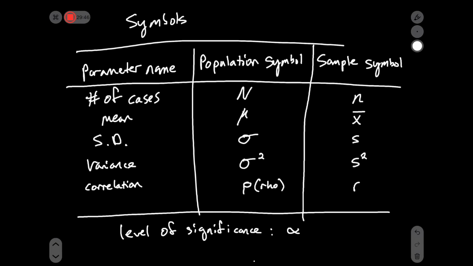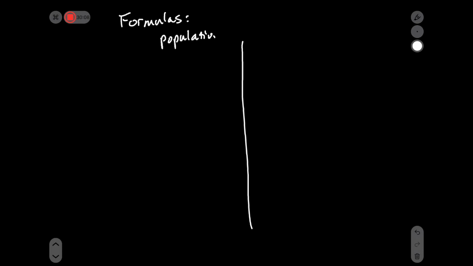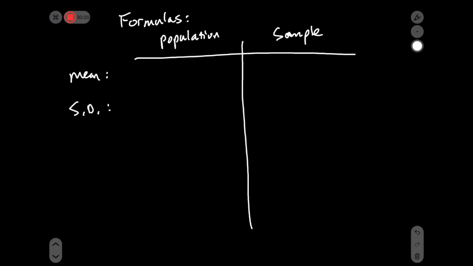Let's also be familiar with some formulas. Some formulas that you'll need to know. The population mean, in this case, or rather let me create another little table here. So this will be for population, and this will be for a sample. Okay. So this will be the mean, the standard deviation, and the variance.